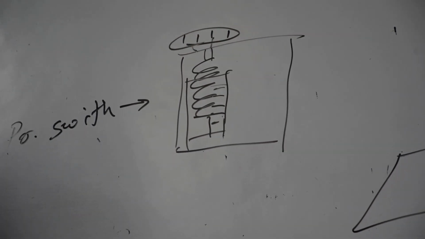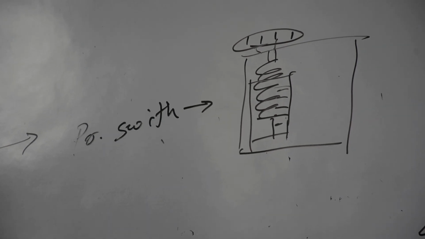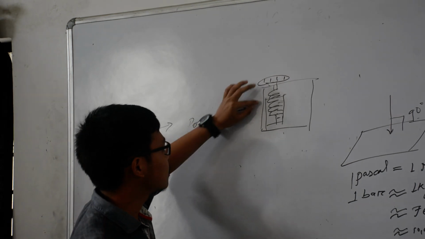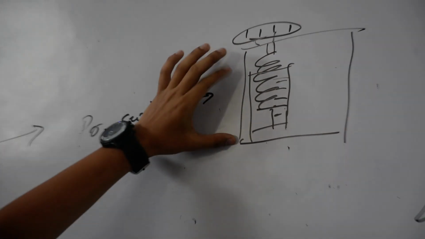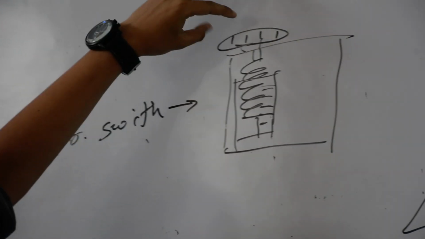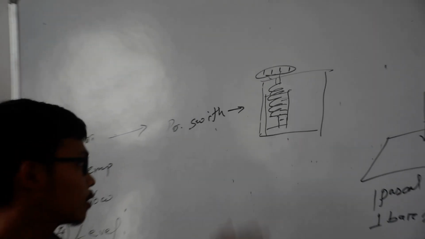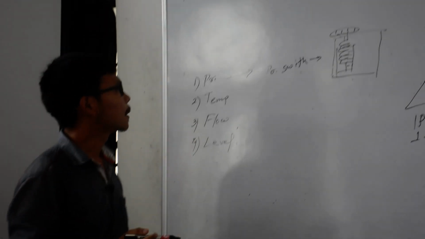This pressure switch is mainly used to switch on or off critical circuits. If we set this point to like 10 kg or 3 kg, when the pressure reaches this point, the pressure switch automatically cuts off or cuts on. That's how a pressure switch works.